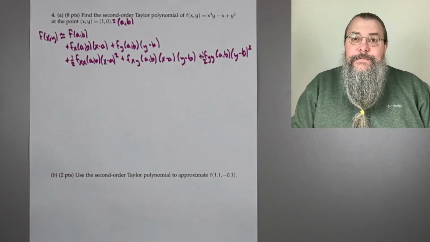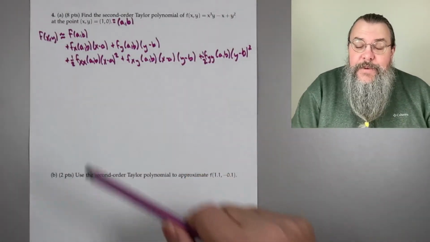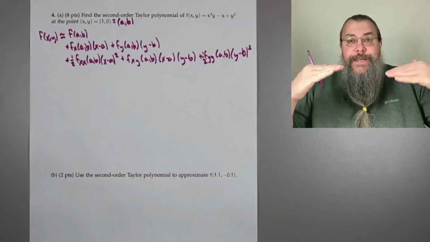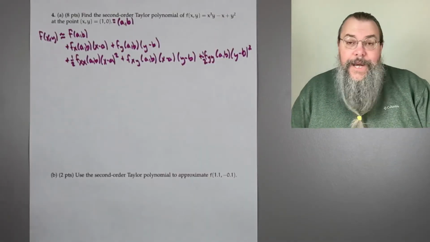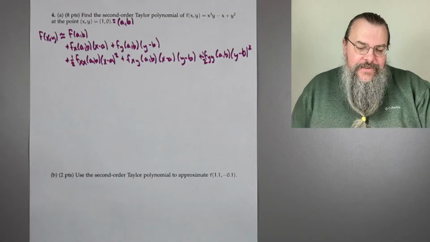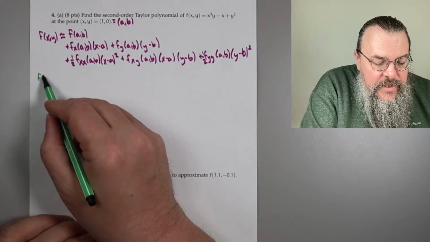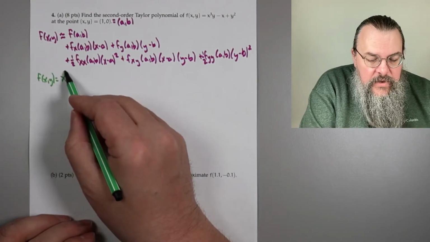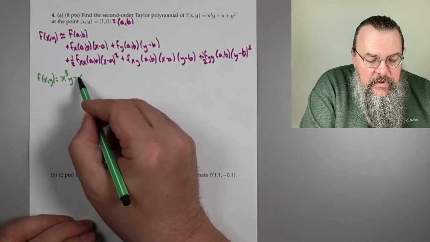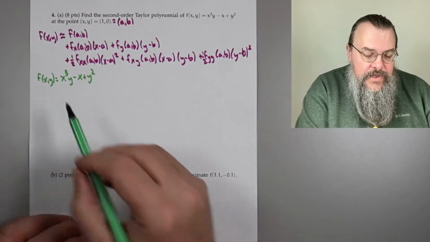So how does one find it? Once you understand the generic formula, the way we find it is we find all these partial derivatives. So time for us to take a lot of partial derivatives. All right, so now we just have to be very patient with ourselves. The good news is these are nice functions, so we won't stress too much.